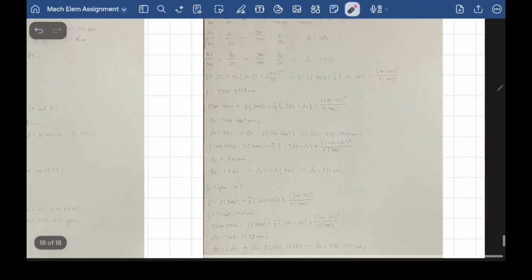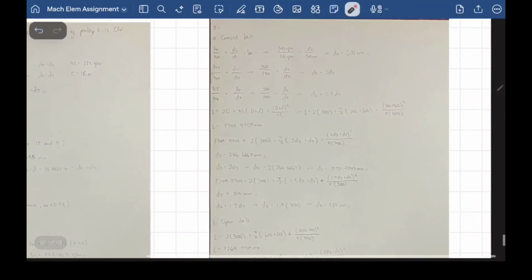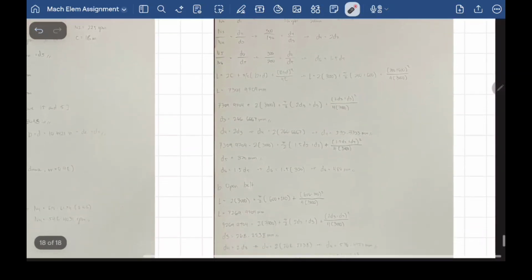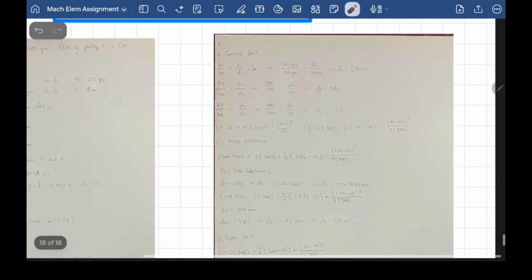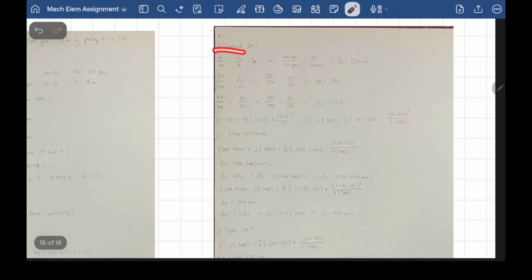As you can see, it is pretty long, but basically it is a cross belt and an open belt. So what we do here differently from the last 3 problems is that we had a cross belt and rather an open belt.